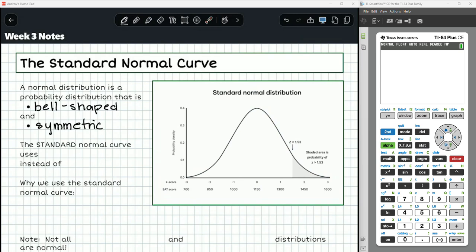In this first video, we're talking about the standard normal curve. And the standard normal curve uses z-scores, or standardized scores, instead of raw data.